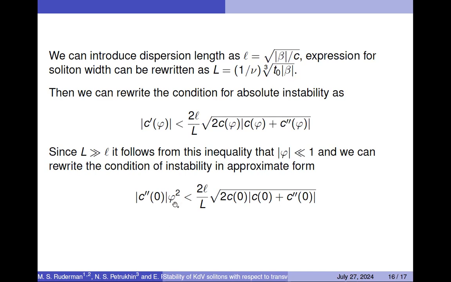So the absolute instability occurs only when propagation is at a small angle with respect to the critical direction. It is in complete agreement with the result previously obtained using a completely different method by Ostrovsky and Schrier.